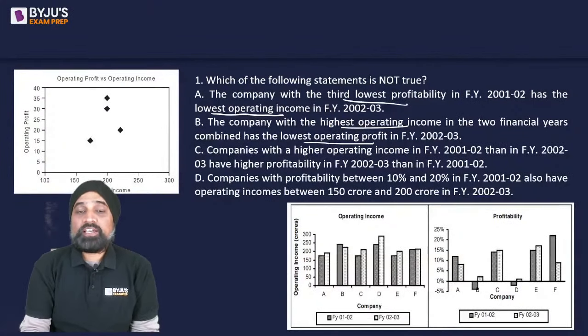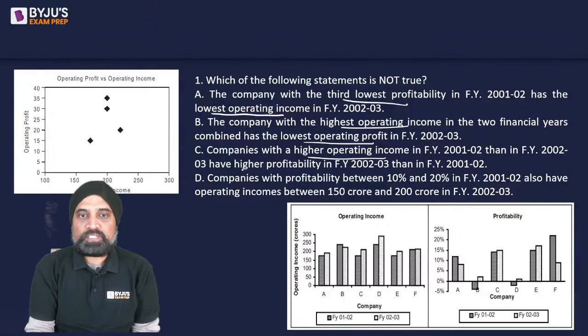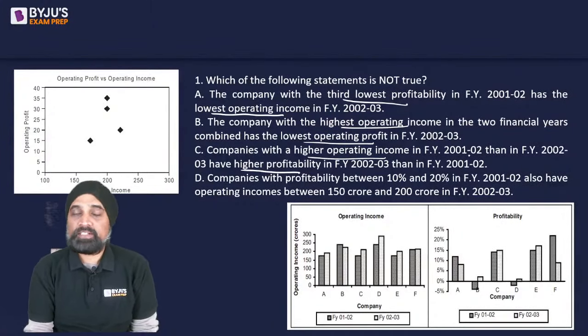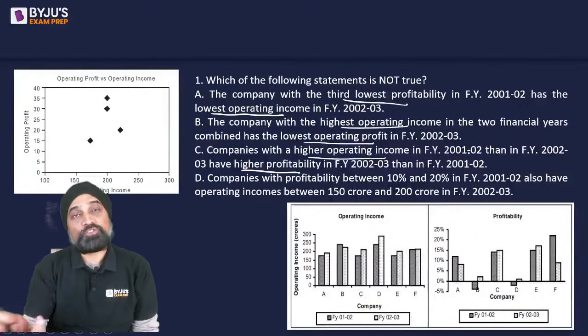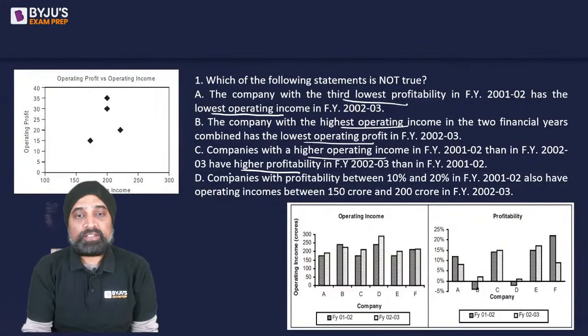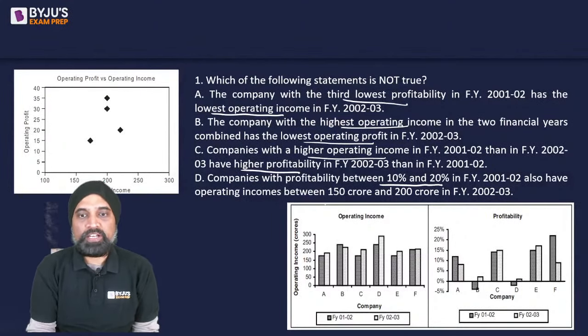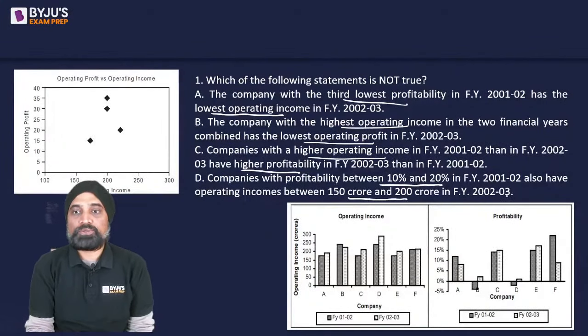C option, Charlie, companies with a higher operating income this fiscal year have higher profitability than a certain year. Again, this is a comparison, so we'll have to make calculations for each of the given companies, right? So I will not prefer A, B, C. Let's look at D. Companies with profitability between 10% and 20% in fiscal year 2001-2002 also have operating incomes between 150 crores and 200 crores in fiscal year 2002 and 2003.